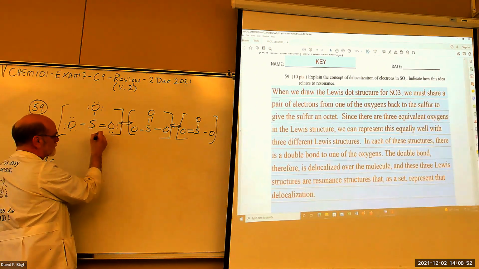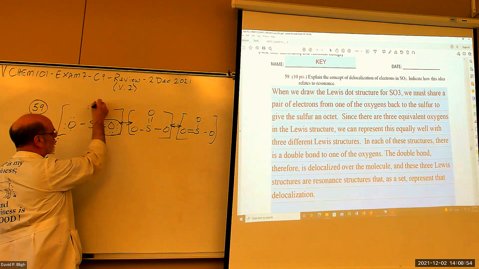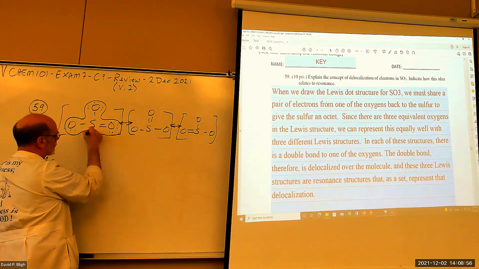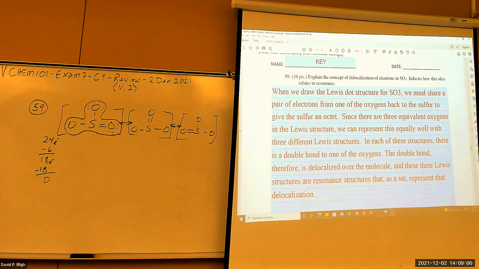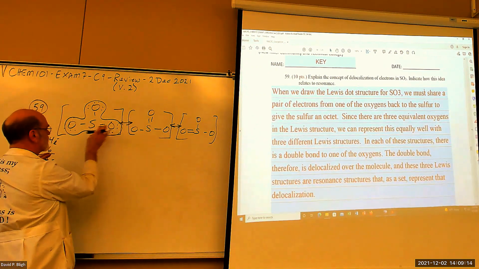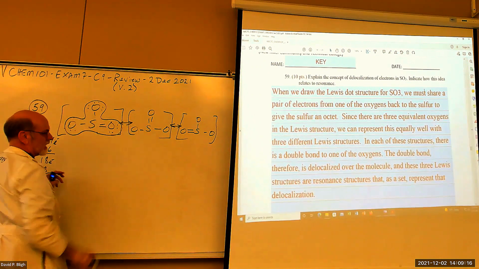In other words, it's spread over the entire molecule. The lone pair that we indicate as a double bond is actually delocalized over the molecule. And these three resonating structures are best represented by one structure that shows the delocalization over the entire thing.